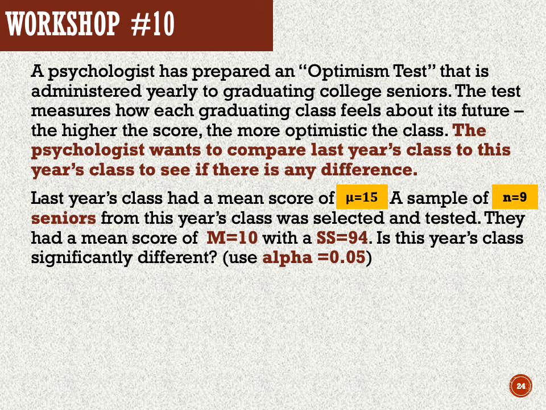So there's 9 students, 9 seniors from this class. And they had a mean of 10. So the mean score is 10. And then another piece of information we have here is the sum of squares. So we don't have to actually calculate that this time. And we have our significance level of 0.05.